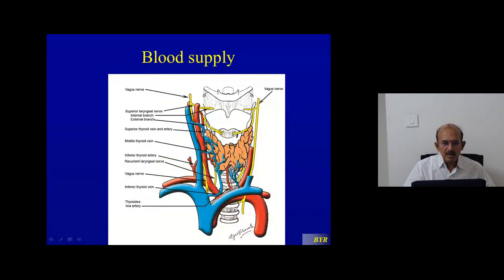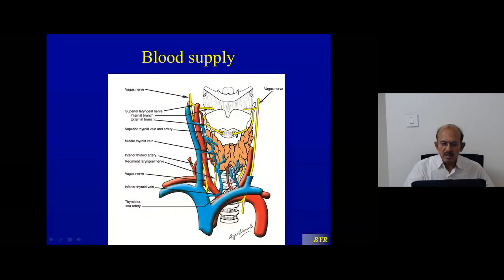They want to ligate the external carotid artery to reduce the vascularity and bleeding in the site of the operation. Now, before ligating this major vessel in the neck, they check whether it has branches or not. The only carotid artery which has branches is the external carotid artery.